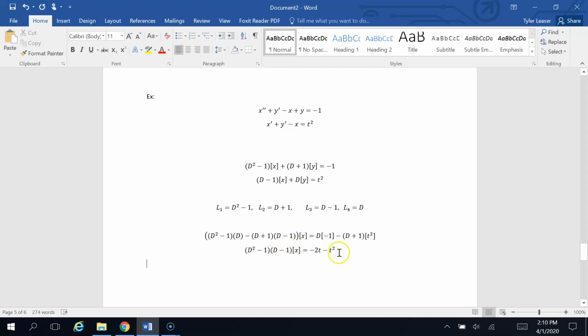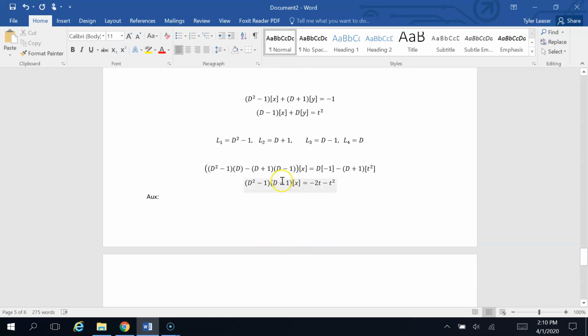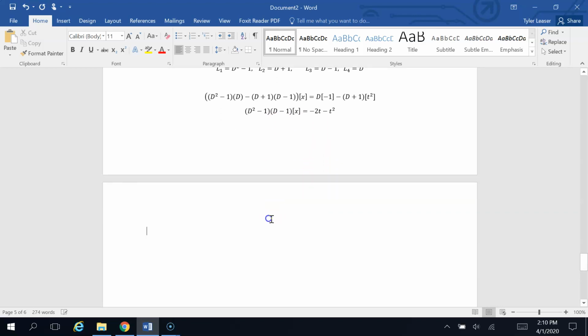All right, but now that we're here, we're going to think about this as if it's its own differential equation. Which means this does have a triple derivative in there of x, but remember you can still do auxiliary stuff, even for a third order differential equation. So now we're going to solve this as is, which means doing the auxiliary to get the homogeneous solution, and then we're going to find the particular solution using the undetermined coefficients method.